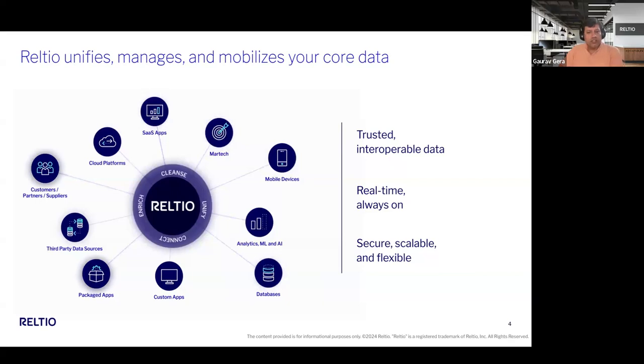So Reltio Data Cloud's AI-powered data unification and management capabilities encompass entity resolution, multi-domain MDM, and Customer 360, delivering trusted data in real time with security, scalability, and agility for you to keep up with the evolving business needs, right? It's a SaaS offering, and it comes with built-in security, high availability, disaster recovery. So you have continuous access to trusted data in real time, right?